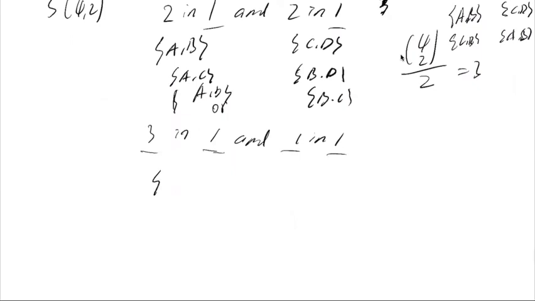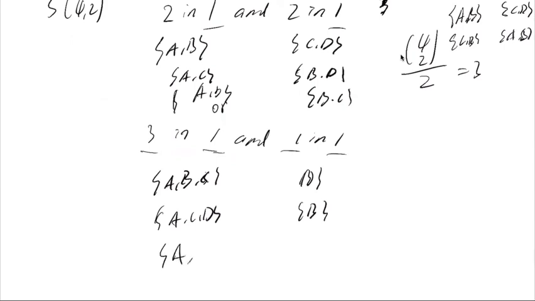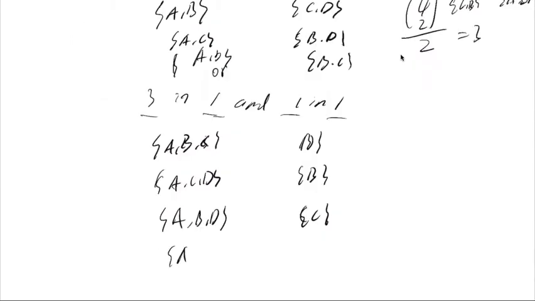And for 3 and 1, we can put A, B, C in one and D in the other, or A, C, D in one and B in the other, or A, B, D and C in the other, or B, C, D and A. So there are 4 ways.